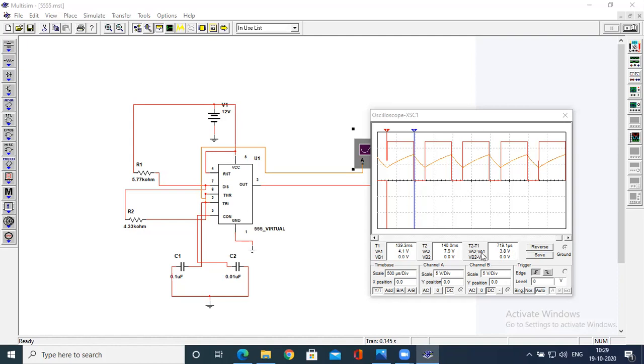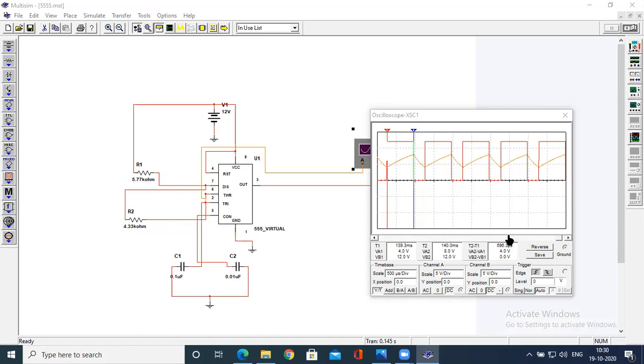You could see here T2 minus T1 is 719, almost nearby to 700. Yes, it is almost nearby to 700.